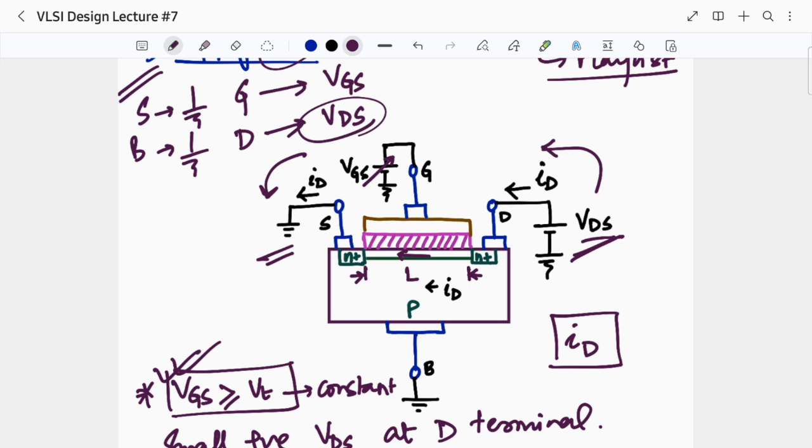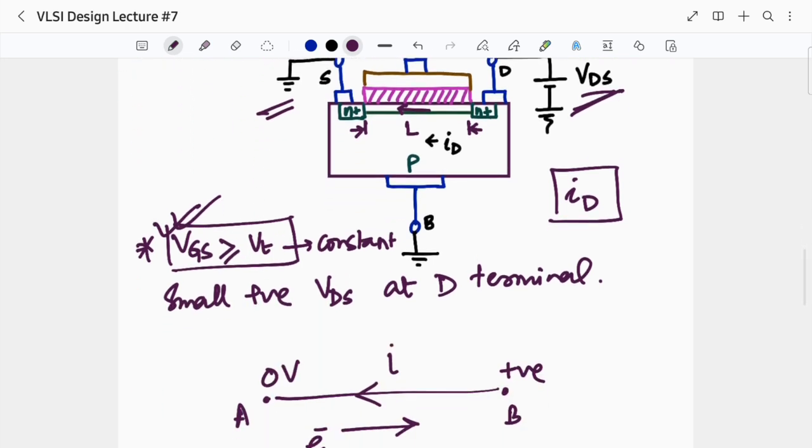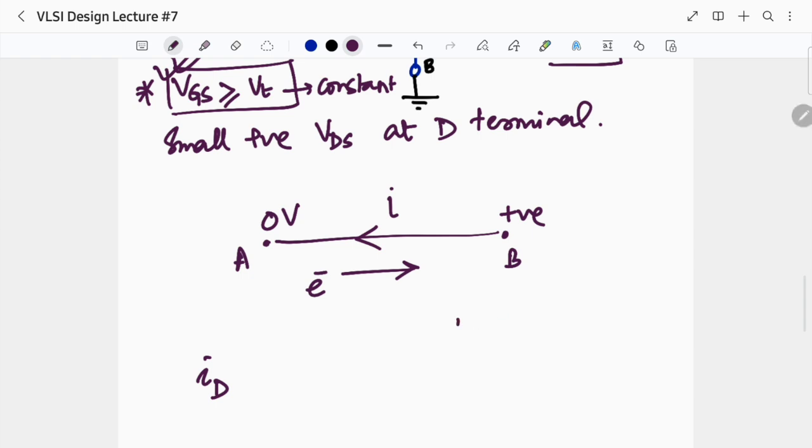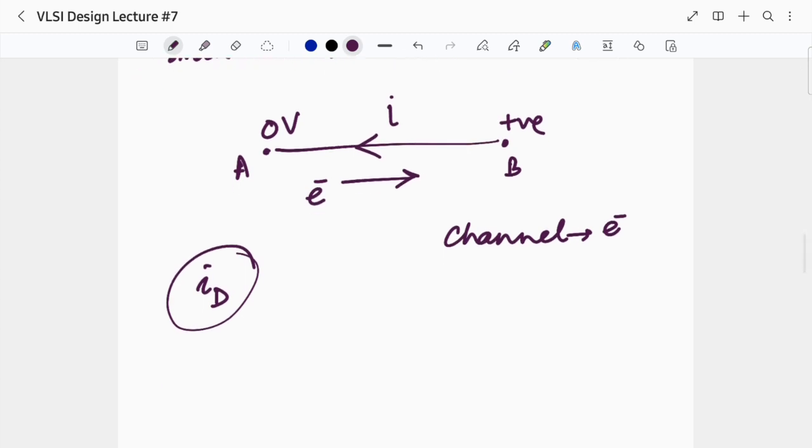It is flowing through the channel we created in our previous step. Now the channel is made up of what? It is made up of electrons, and that is why we are getting the flow of current. So the magnitude of this current ID depends on two things.